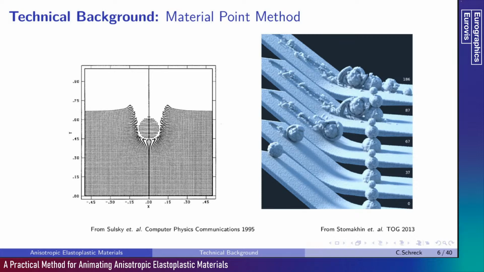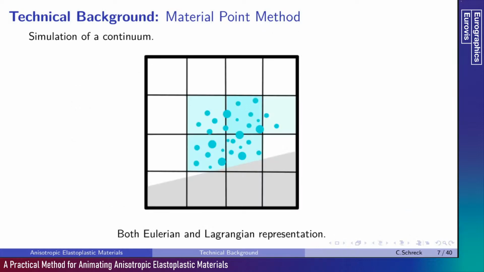This method works well for this kind of material, as it doesn't use any mesh, but represents the material as a continuum. It actually uses a hybrid representation, both Eulerian with a grid and Lagrangian with particles, each particle representing part of the continuum rather than a specific grain.